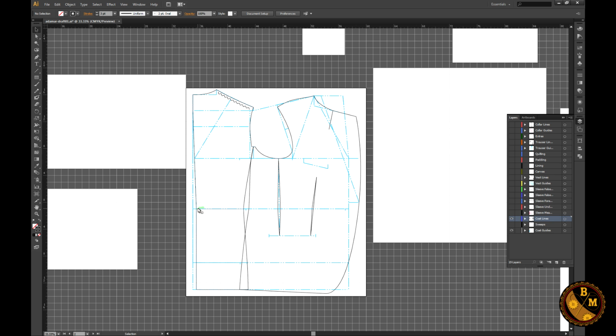Underneath that, the next major girth line is the waist. This is the natural waist. There are 2 different types of waists that are used commonly in making garments. There's a natural waist, and then there's a fashion waist, which we'll get into a little bit later.